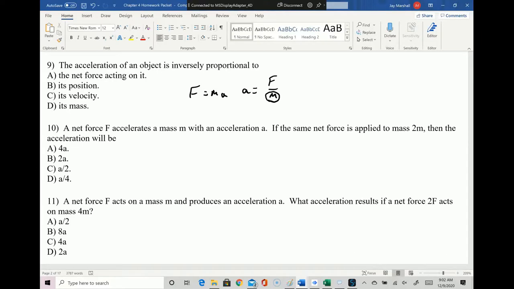Okay? This is a what if I change a variable question. What happens to something else? And if I have a what if I change a variable question, I always write out the formula that answers that question. I know that acceleration equals force divided by mass. And then I say, well, what variable am I changing?